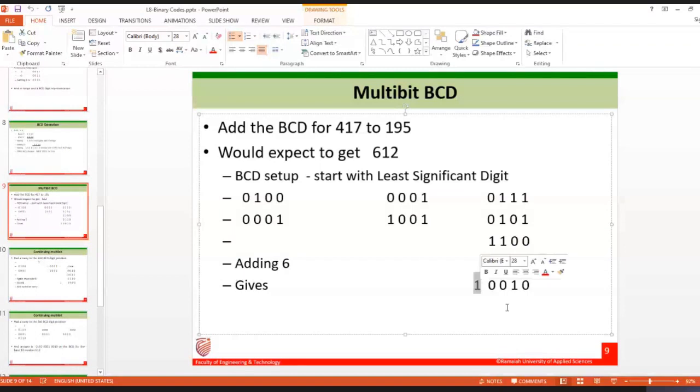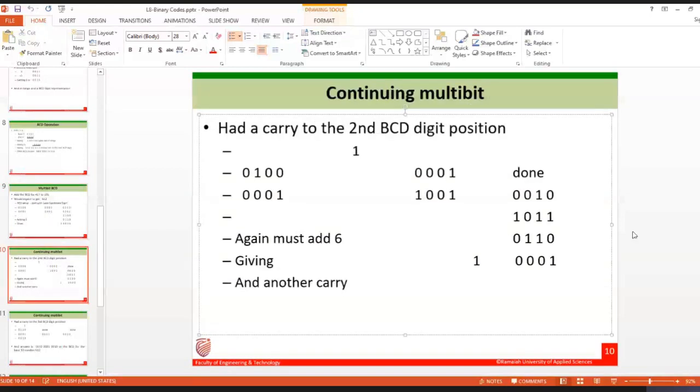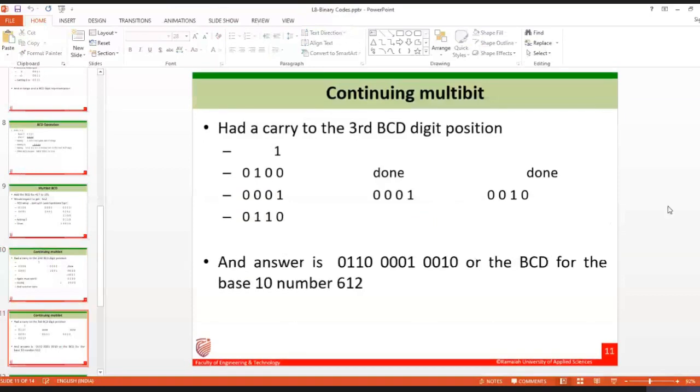This is the carry here, 1. So you can see the next step: add the carry to the second BCD digit. So again you add one more 6 to that value, and you produce another carry 1. So basically you're going to add 6 to all of those values. For the third one also, that carry will come here and you'll add it.